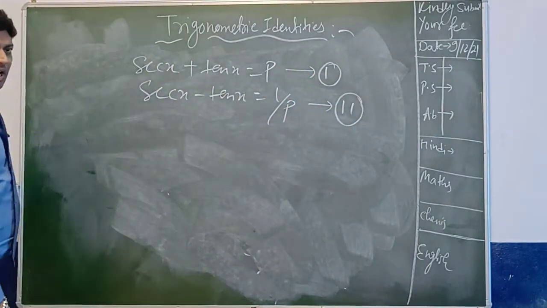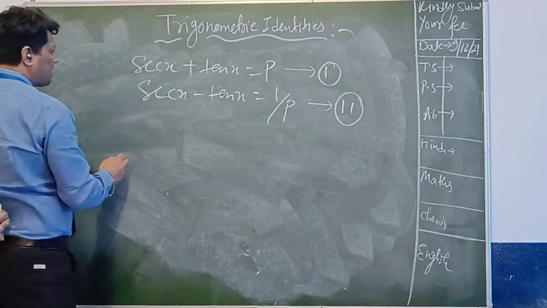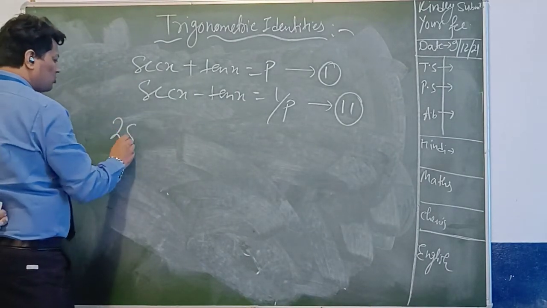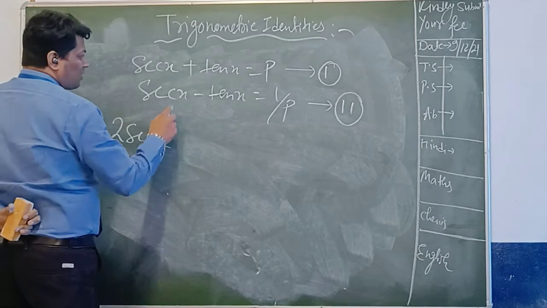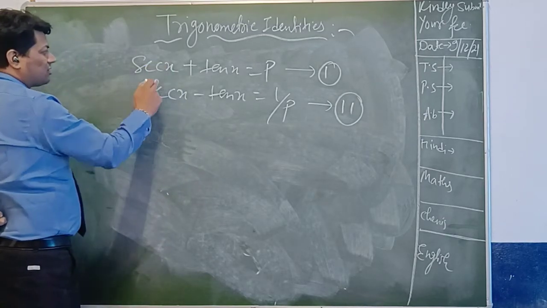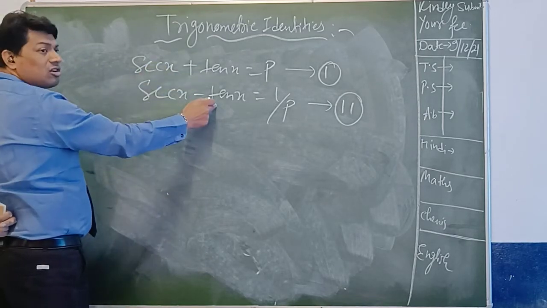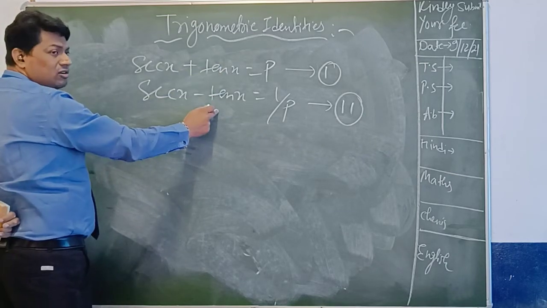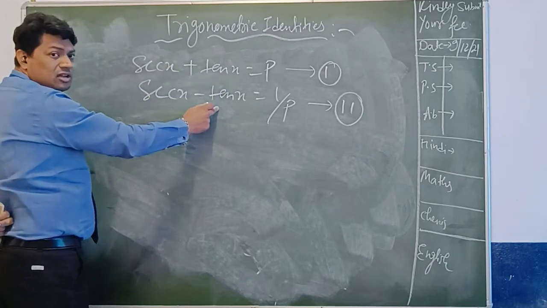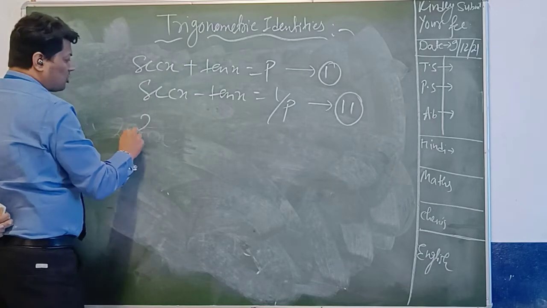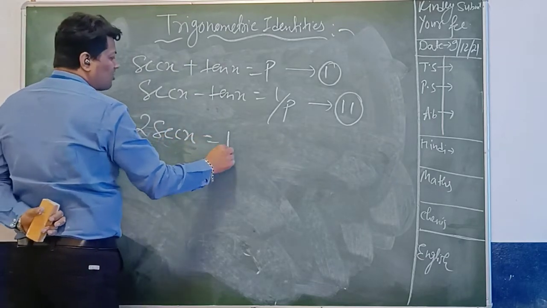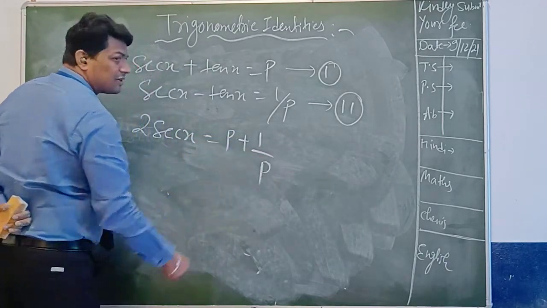Adding both the equations, this one cancels out with this one, so 2 sec x equal to p plus 1 by p.